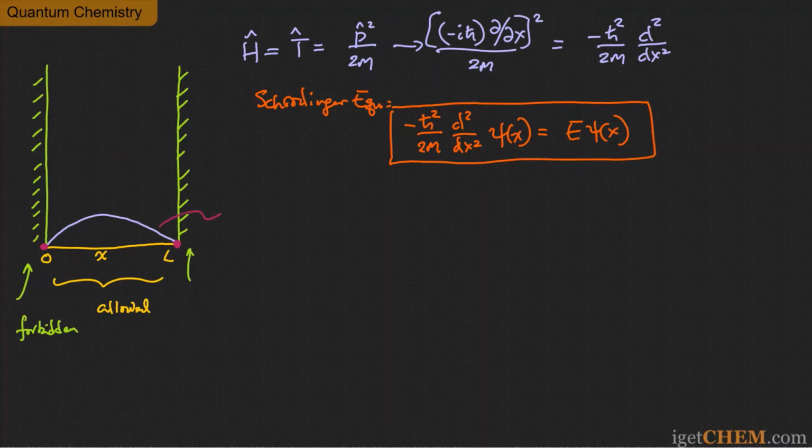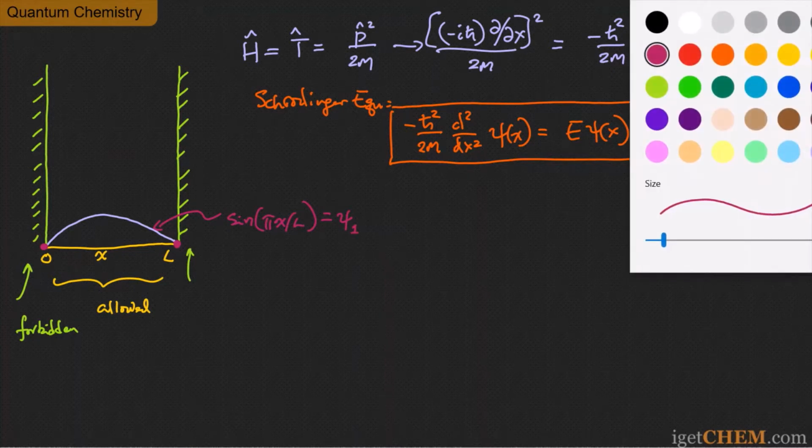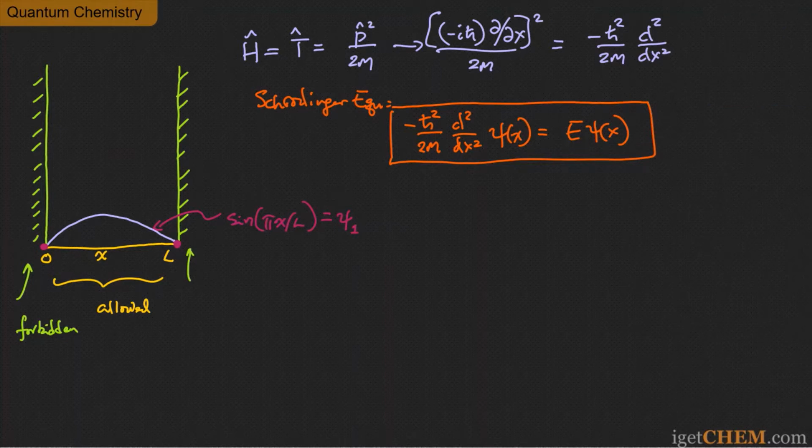So this function would satisfy the boundary condition, and this is simply sine of pi x divided by L. We will call this psi of n equals 1. And you can see that the other functions are also fairly simple. So let me draw another one.